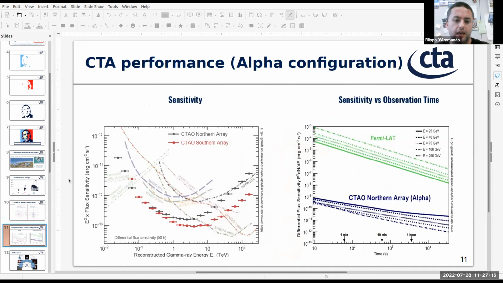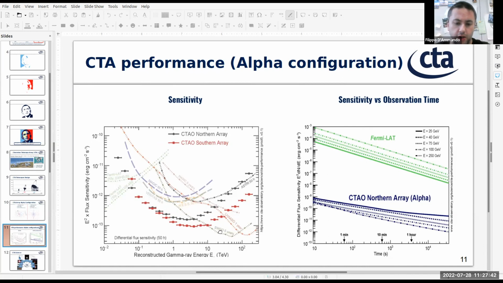And just to provide you a couple of plots, on the left you can see the sensitivity curves of the southern and northern arrays with respect to the current Cherenkov telescopes, VERITAS and MAGIC, with the same amount of time, so 50 hours of observation.